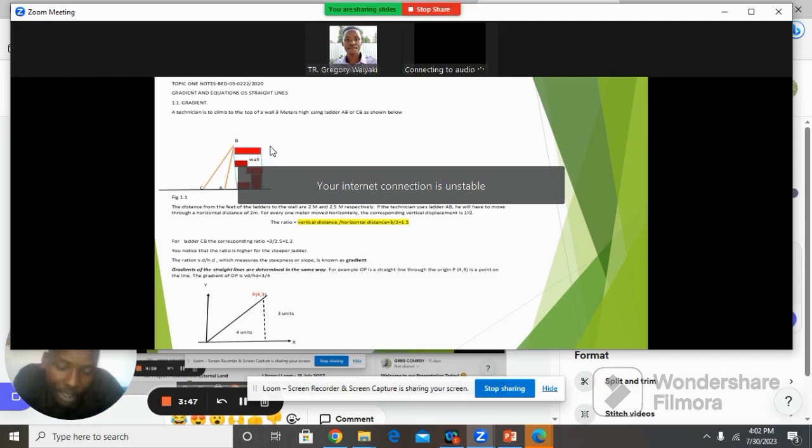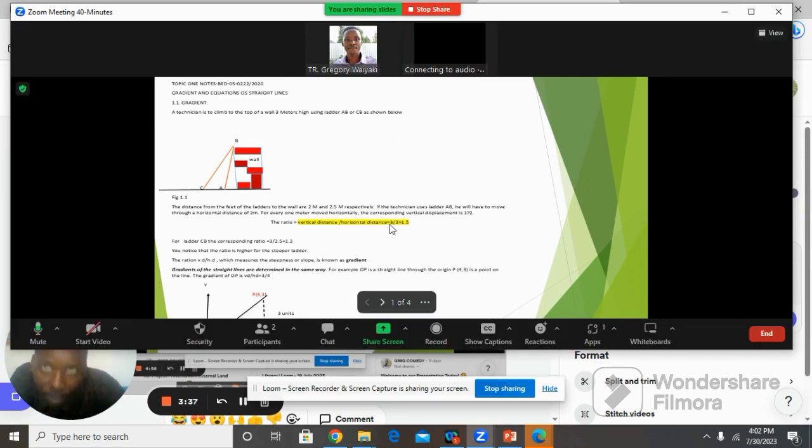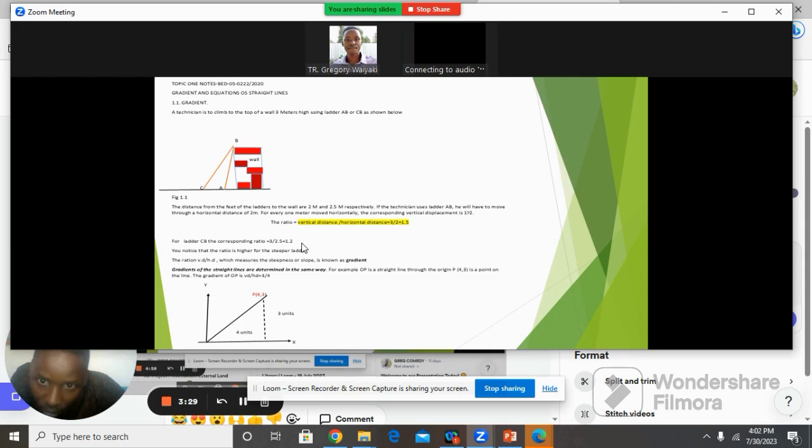So we are told that the ratio is the vertical distance divided by horizontal distance. Here we have 3 divided by 2, that is 1.5. Then for ladder CB, the corresponding ratio is 3 over 2.5, that is 1.2.